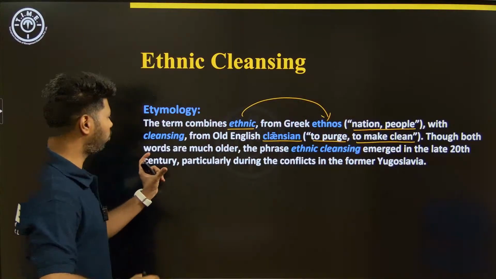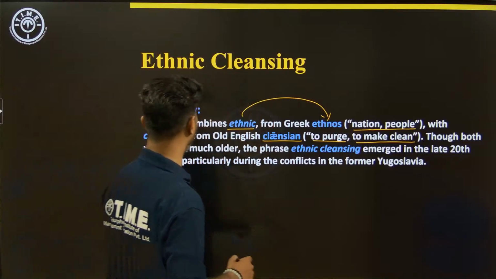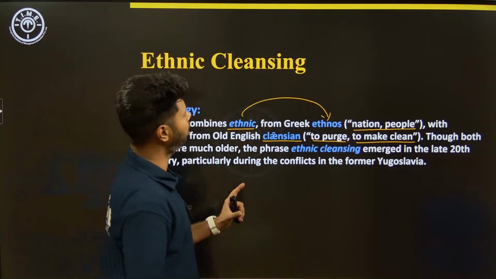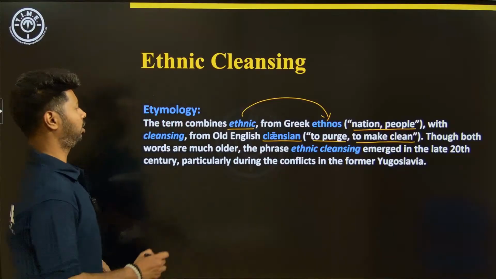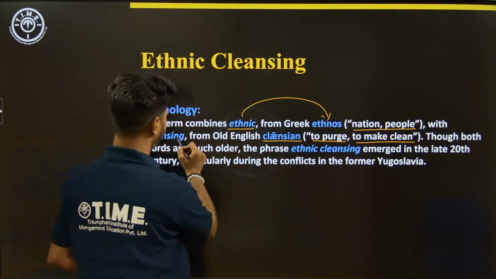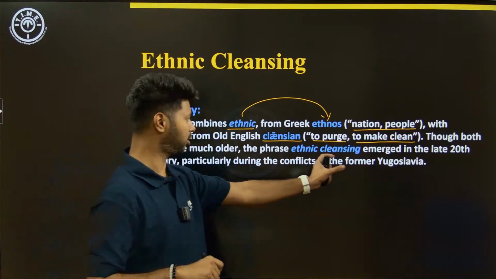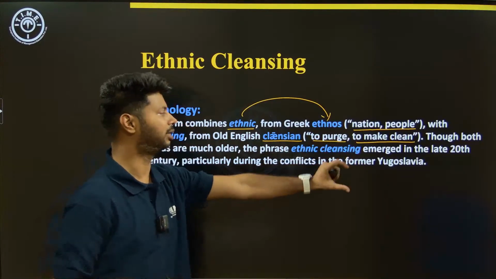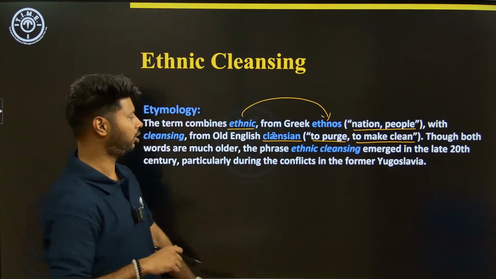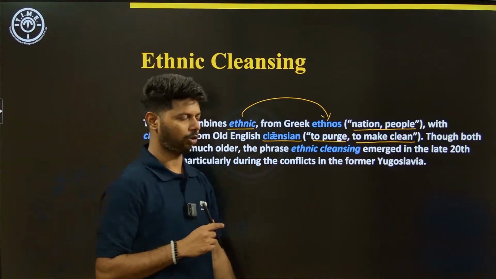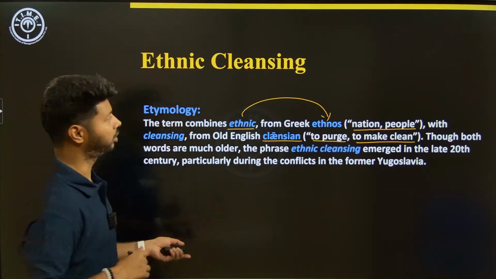Though both words are much older, the phrase ethnic cleansing emerged in the late 20th century, particularly during the conflicts in former Yugoslavia. So these two words are quite old, but this is a phrase, right? This phrase itself came during the late 20th century during conflicts in what is known as former Yugoslavia. So that is the origin of the word.